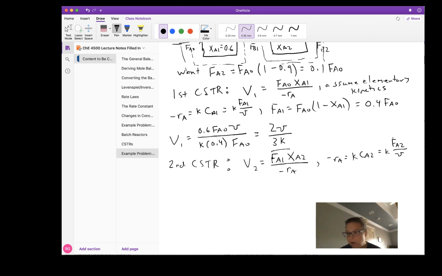FA2, we know, is going to be equal to 0.1 times FA naught. So I can insert this into here, and then I can insert this back into here.